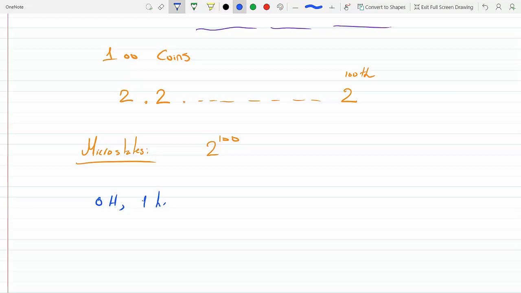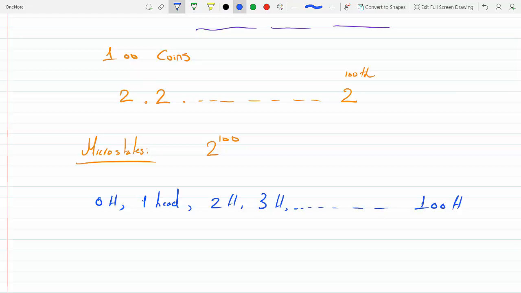So here I'm specifying the macrostate without giving any particular importance to which of the coins is actually the one that is landing heads. All I care about is how many heads out of all the coins. So I either get 0 heads, 1 head, 2 heads, 3 heads, and so on, all the way to 100 heads.